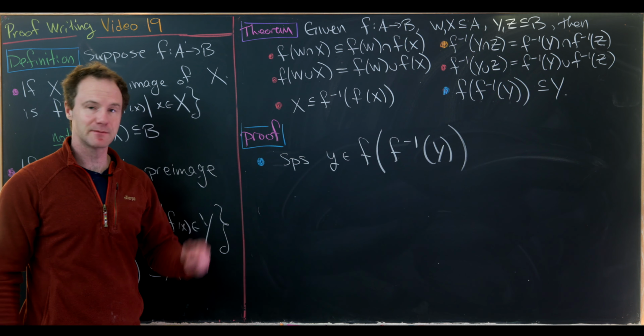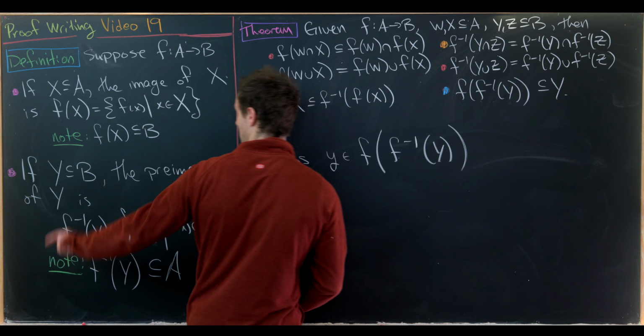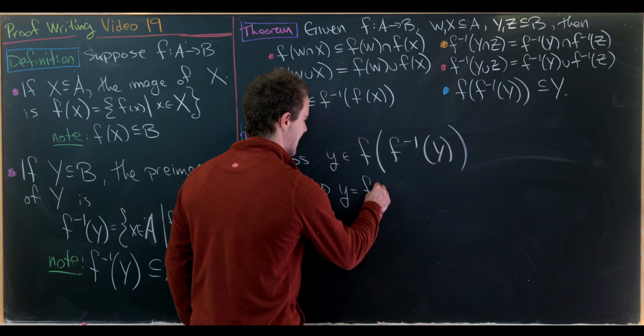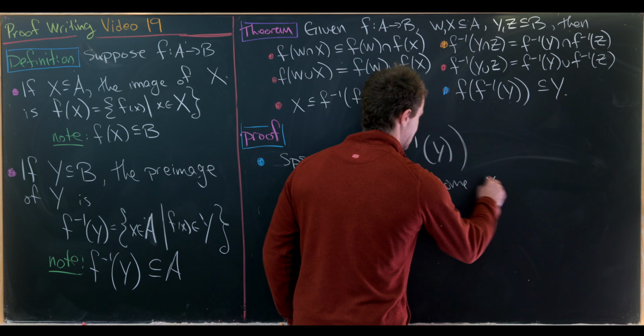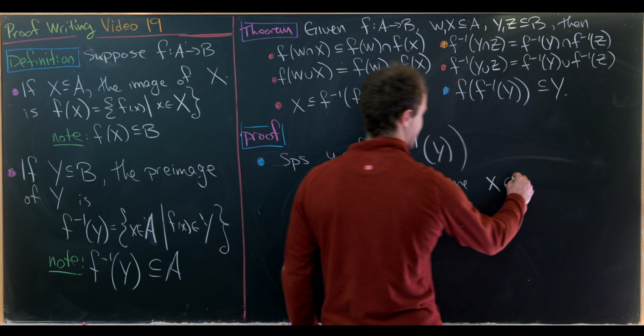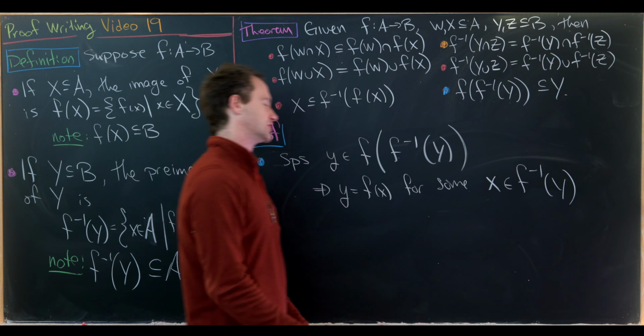Okay, so let's decompose this a little bit at a time. What does it mean to be in the image? Well, by the definition over here, that tells us that y equals f of little x for some little x in this inside set. But that inside set is f inverse of y, or the preimage of y.